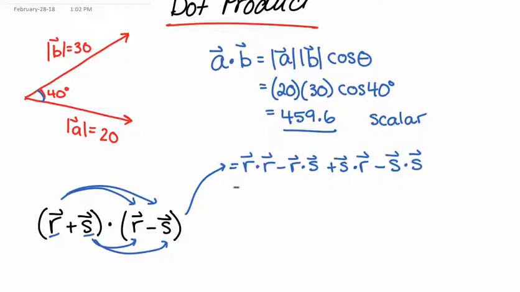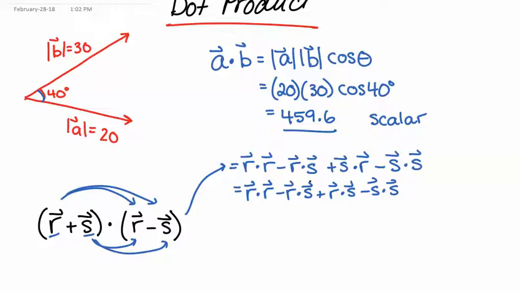Okay, so some things I can simplify. I know that r dot s is actually the same as s dot r because I told you that. So if I rewrite this as vector r dot vector s, if you notice, I have negative r dot s, positive r dot s.